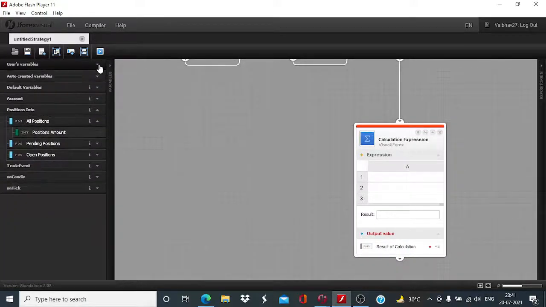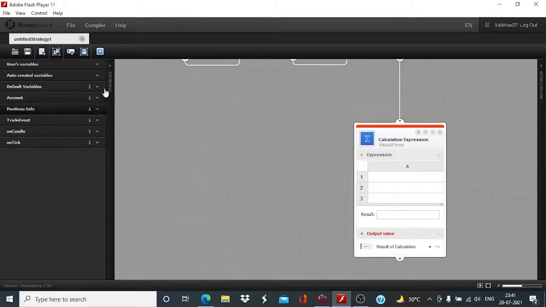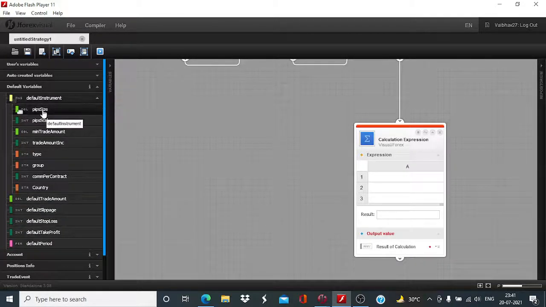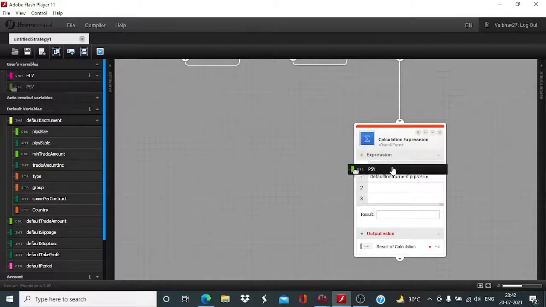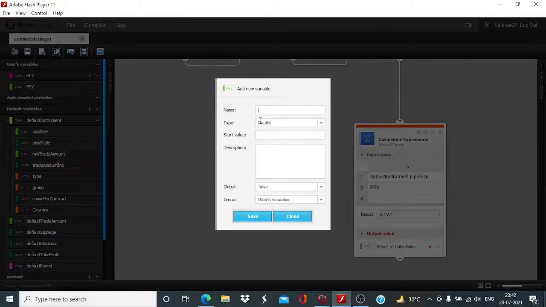All we have to do is get the default instrument pip size and multiply it with a variable with the value of 20. It is going to be A1 into A2, and it will be giving us a variable with the value of 20 pips.